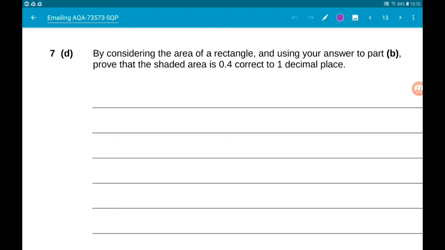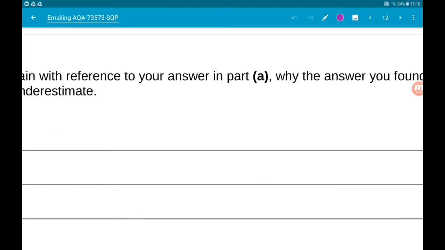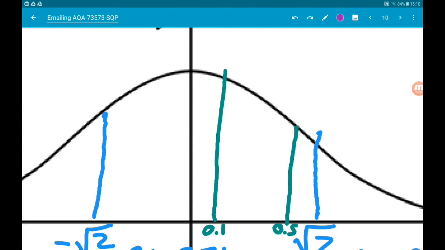If we go back and instead use a rectangle with the height of the leftmost point on the curve in this region, then what we're going to end up with is an overestimate.